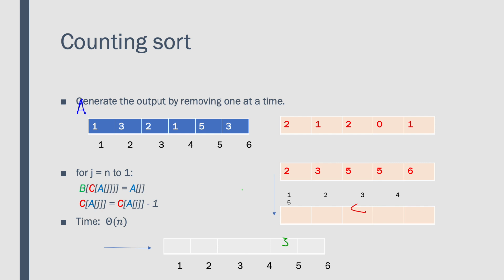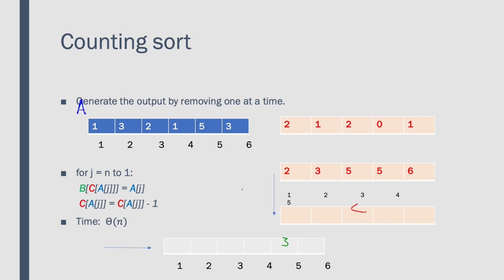Now how it works: we process the input list from right to left. This helps maintain the stability of the algorithm, meaning that elements with the same value retain their original order.